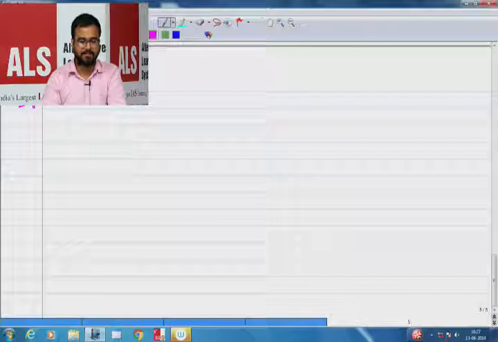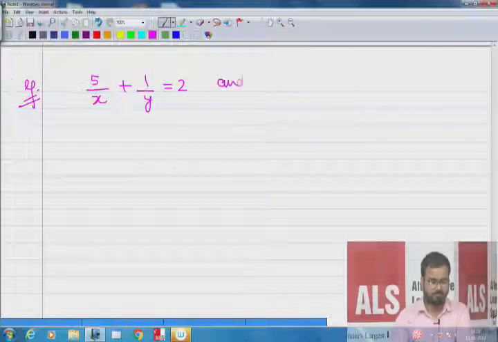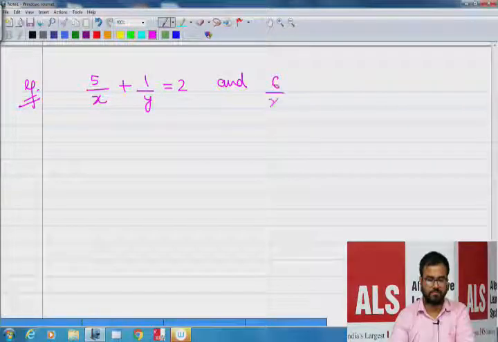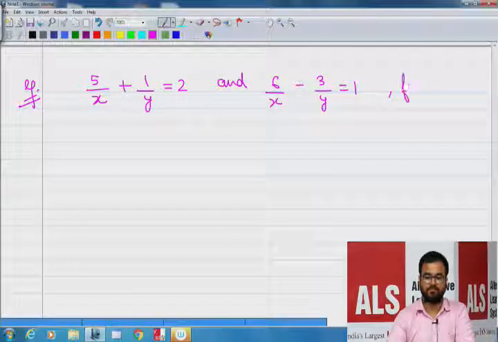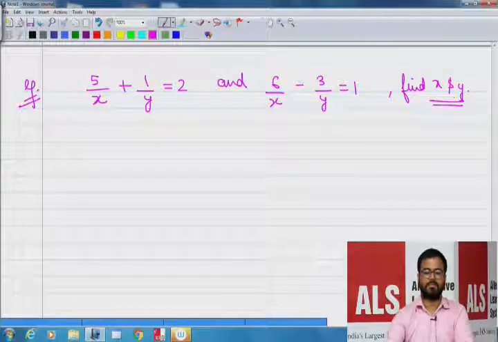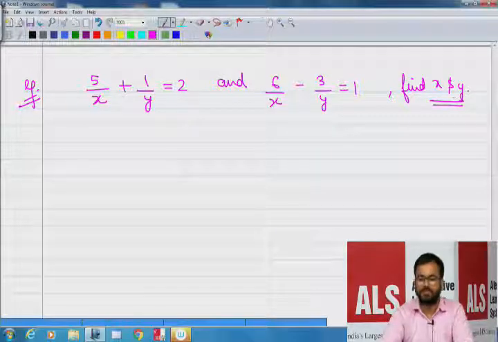Now try this. Pair of equations: 5 upon x plus 1 upon y is equal to 2, 6 upon x minus 3 upon y is equal to 1.